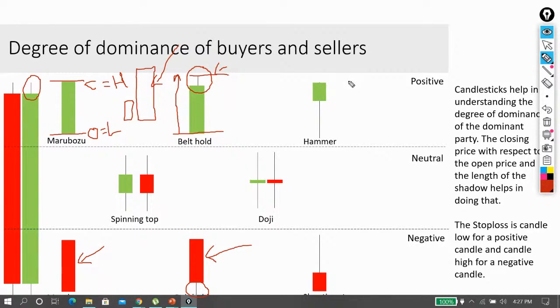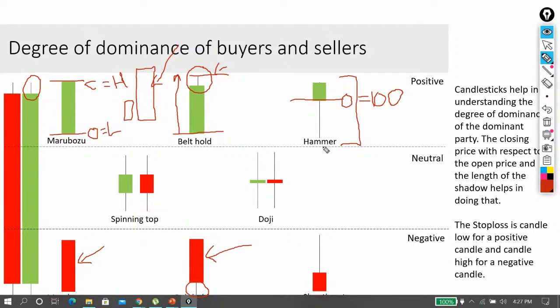Now hammer. Hammer is a very interesting candle. And you should never ever ignore a hammer. And why is that? Okay. Let's say this price, the open price, is equal to 100.